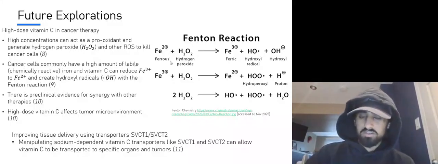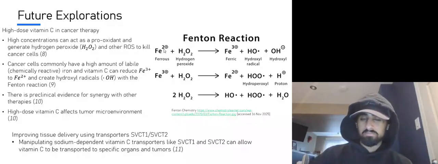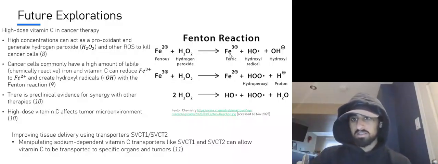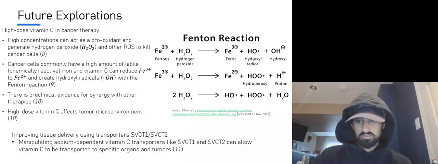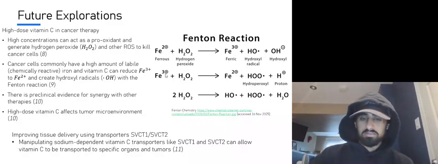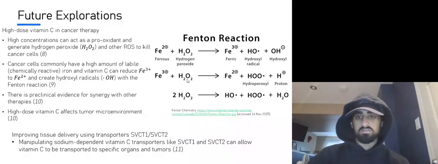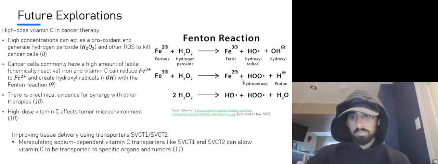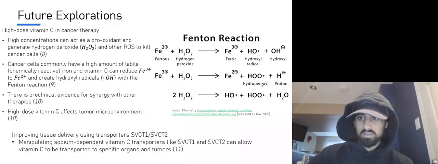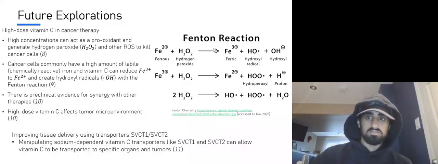This is a Fenton reaction here, and you can see how iron 2 plus can react with hydrogen peroxide to make iron 3 plus, and there's also a hydroxyl radical produced, and this iron 3 plus is going to also react with hydrogen peroxide to create iron 2 plus and a hydroperoxyl, also a free radical. And so you can see how the Fenton reaction causes damage to cells.